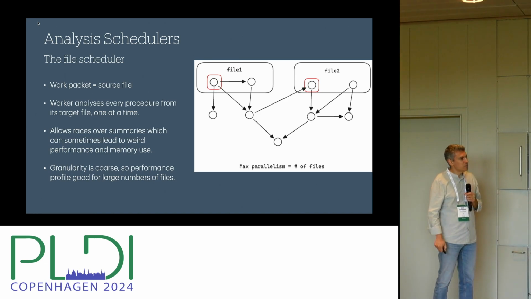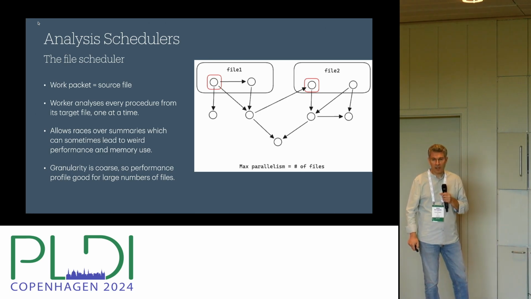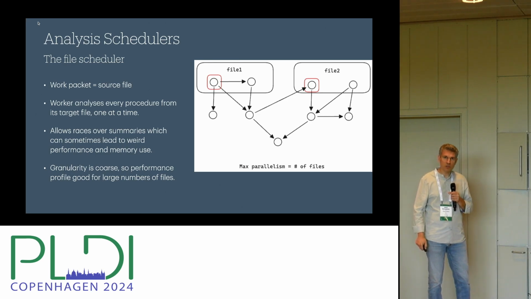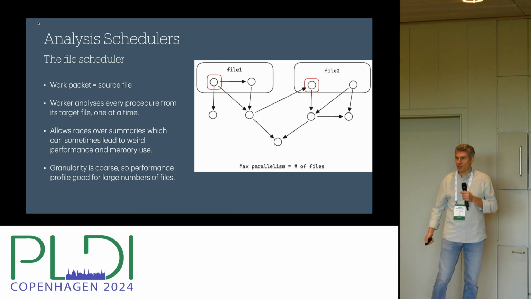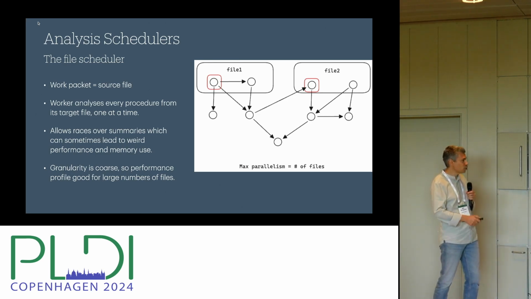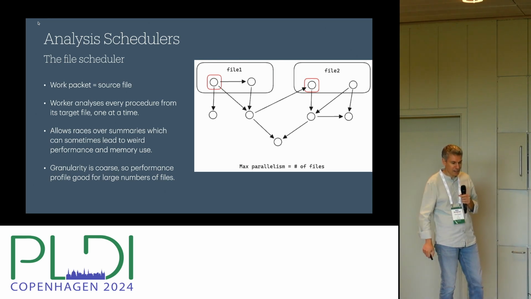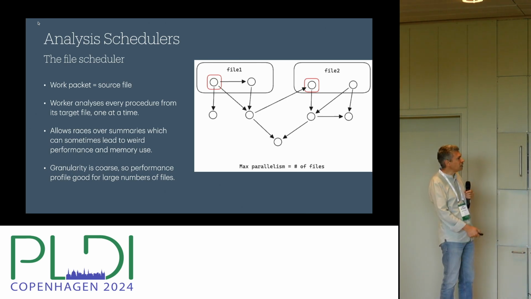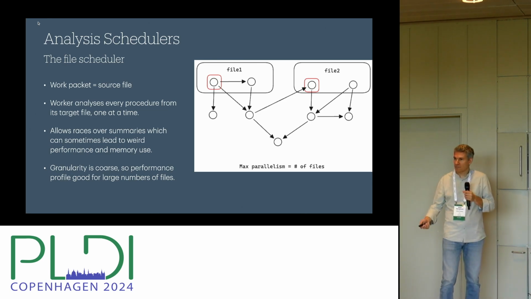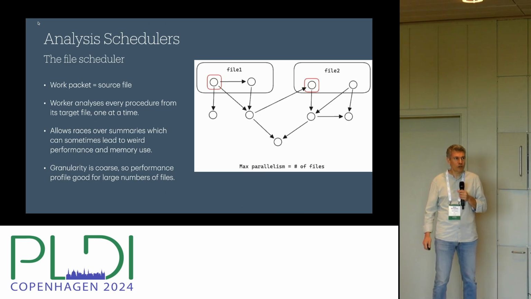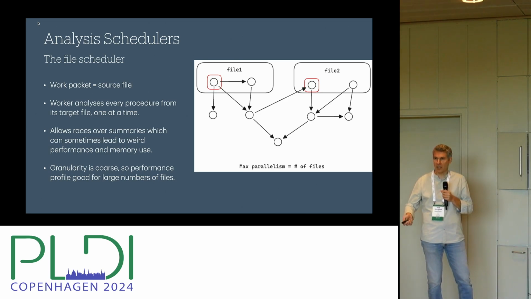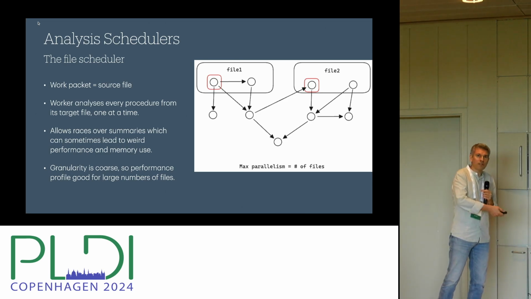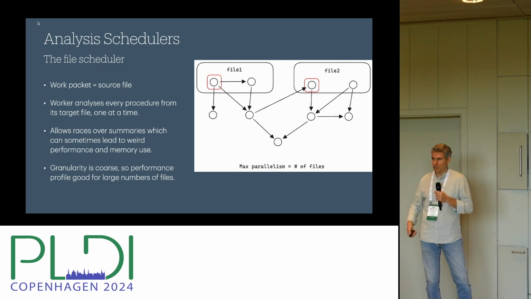This isn't too bad in terms of correctness, because most of the time we're deterministic, so we should write the same summary. But it's not great in terms of work duplication and parallelization, because if we could have done it in one worker, then why do it in several?